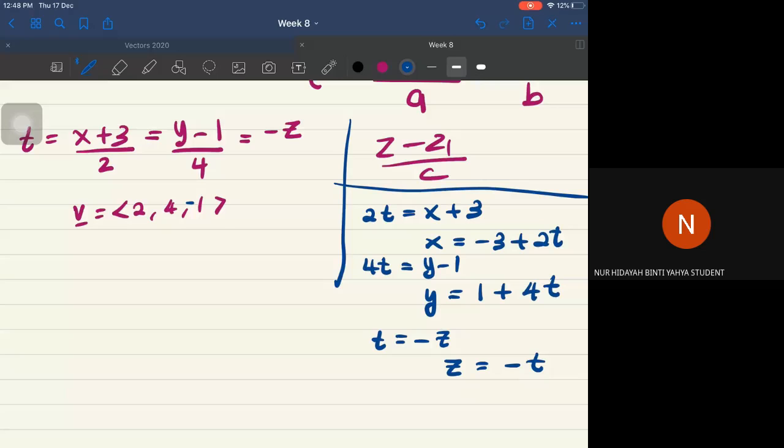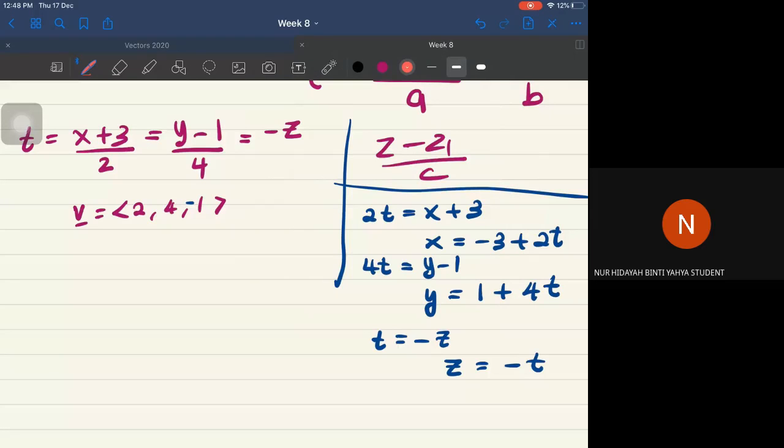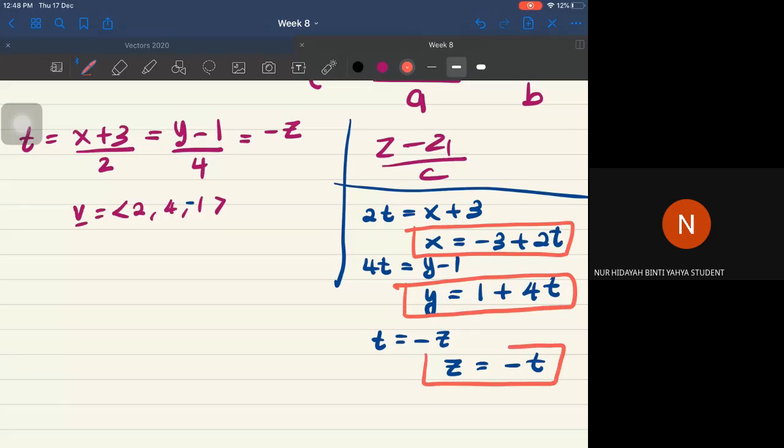Okay, so daripada this parametric equation, you boleh nampak clearly apa dia punya point, apa dia punya vector. So vector dia adalah 2, 4, negatif 1. Okay, so what will be a point here?